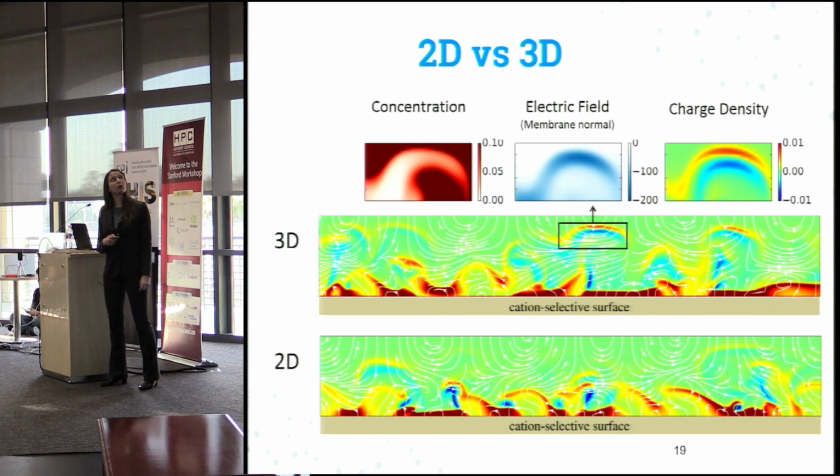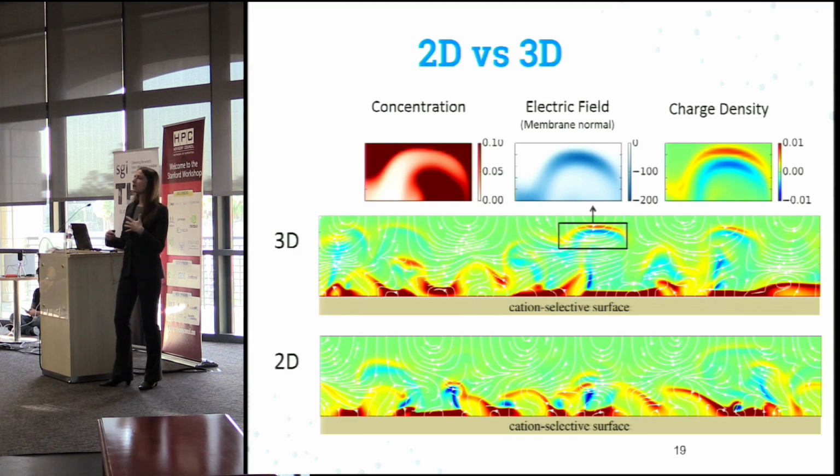So in this example, we recognize that in the same area that we have what we refer to as charge density ribbons, we also have very large concentration gradients. And we also have very large gradients in the electric field.